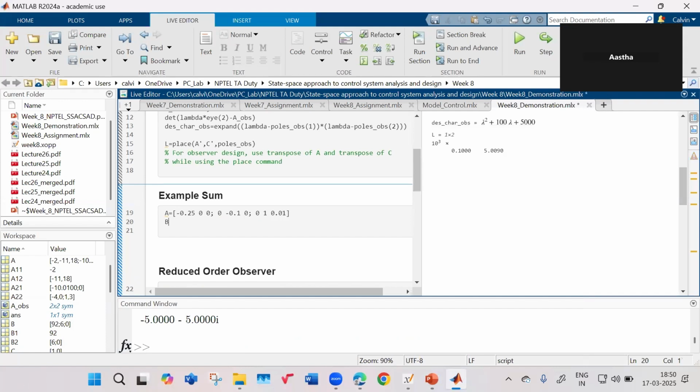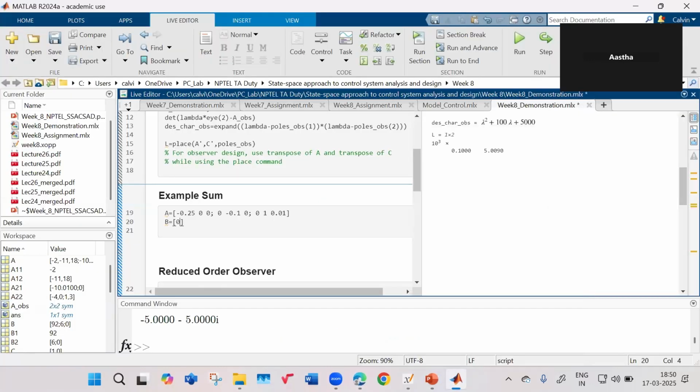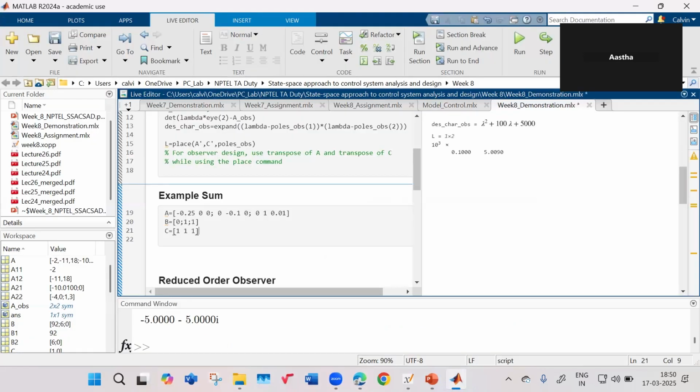So this is the A matrix. The B matrix, we'll write it as 0.1, 1, and the C matrix is given as 1, 1, 1.